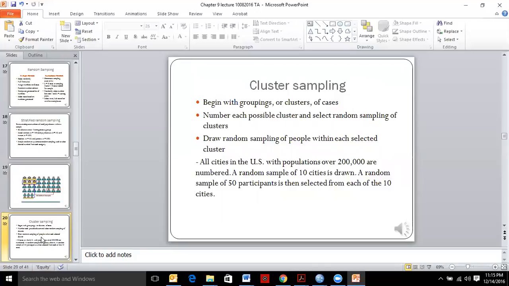In cluster sampling, we begin with groupings or clusters of cases. We number each possible cluster and select a random sampling of clusters.